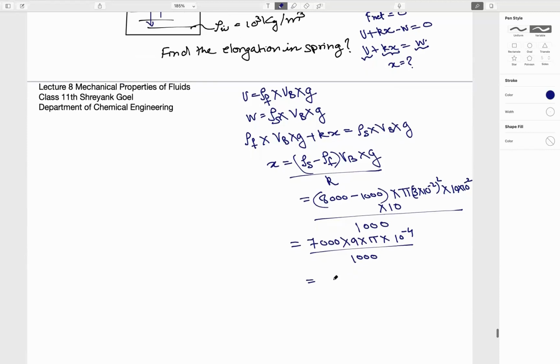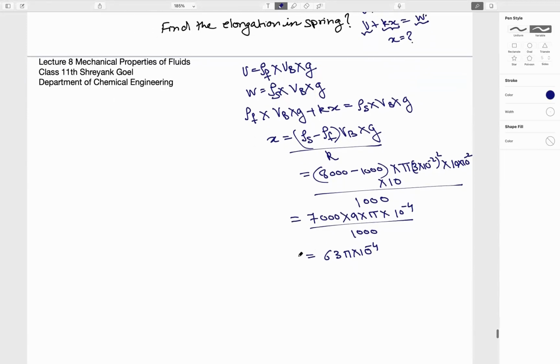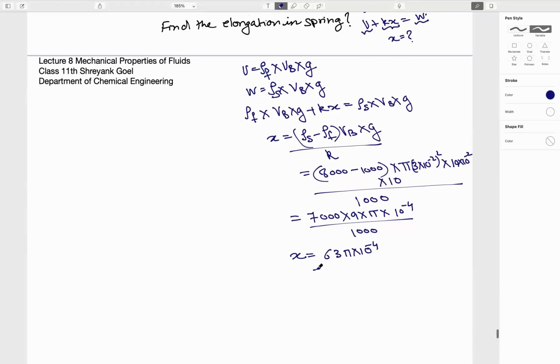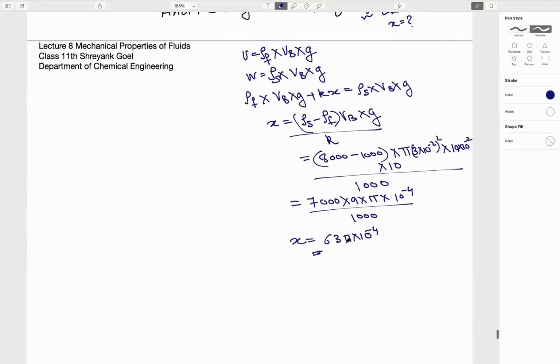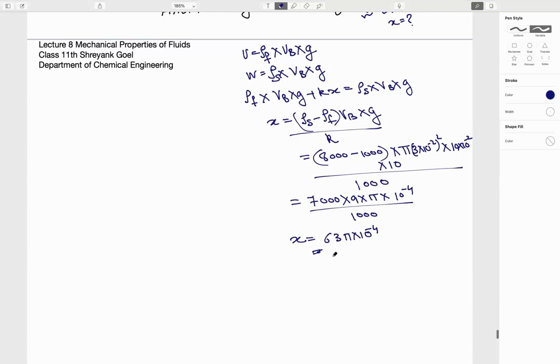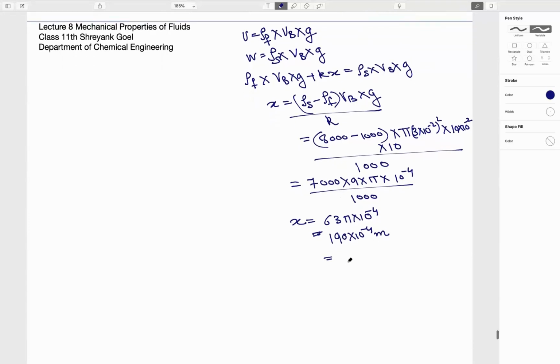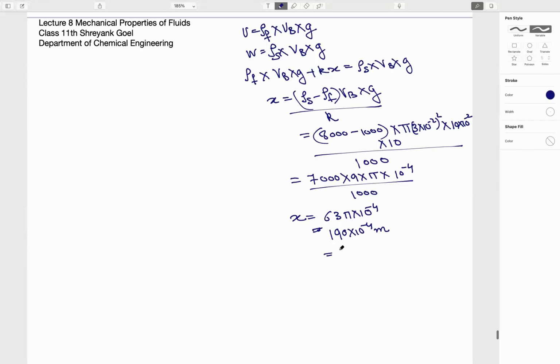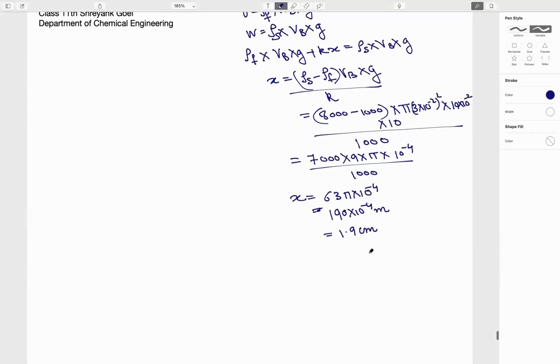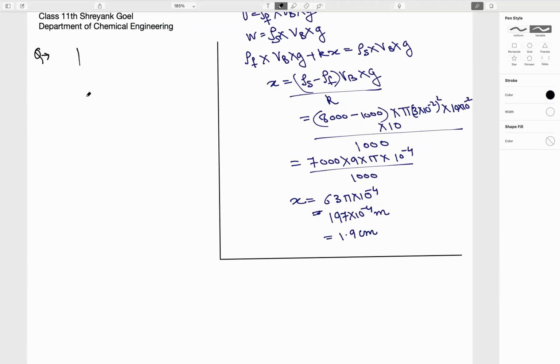So this becomes 63 pi into 10 to the minus 4, that is the extension. Taking pi as around 3.14, that is 190 into 10 to the minus 4 meter. If we want to find it in centimeter, that is 1.9 centimeter.